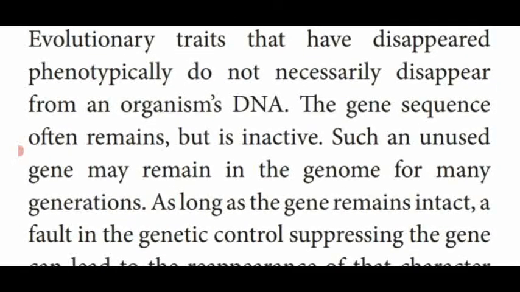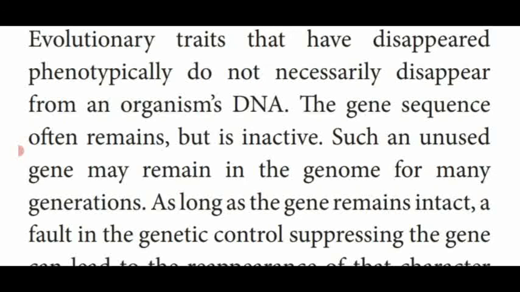So this evolutionary trait has disappeared phenotypically, but does not necessarily disappear from the organism's DNA. That means the character has disappeared only in the external morphological character, but it should be present in the chromosome, in the DNA. So the gene sequence remains the same in the DNA, but it is inactive.